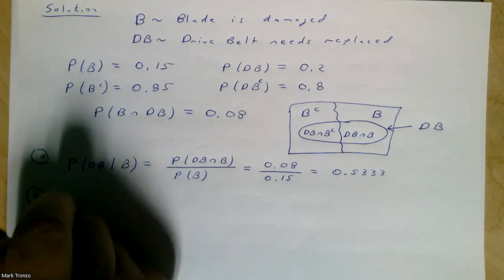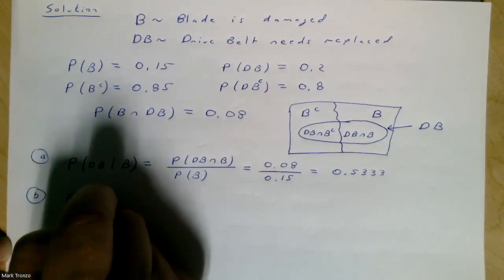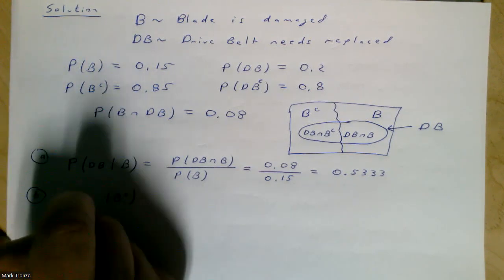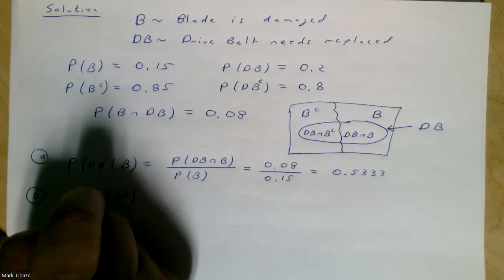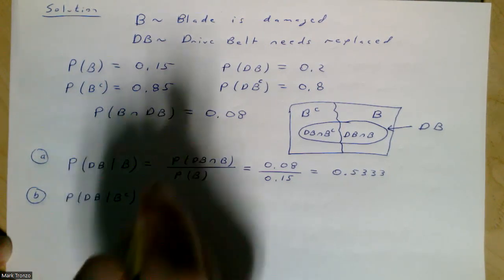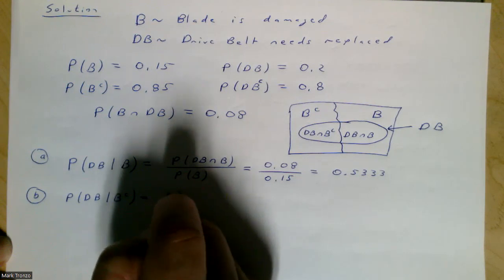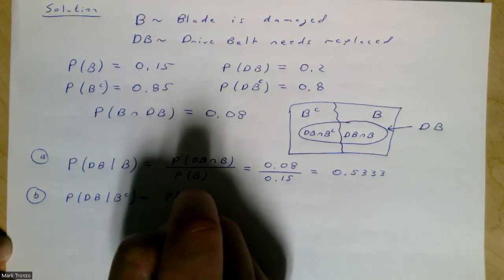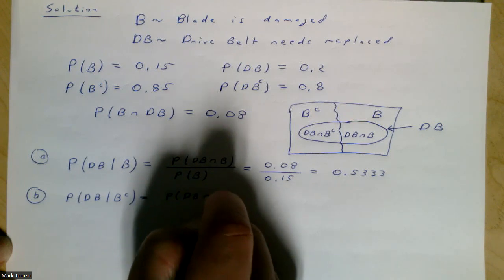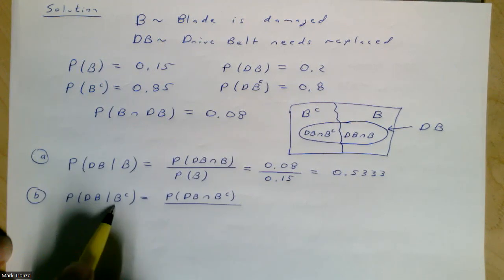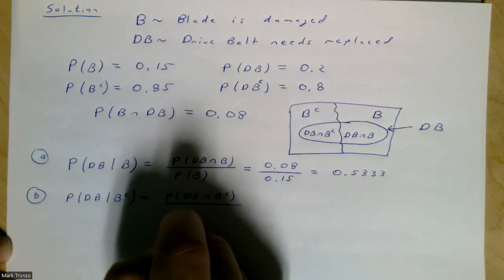The blade is not damaged, so B complement, yet the drive belt needs to be replaced. Again, that's going to be the intersection of these two, divided by the probability of this.